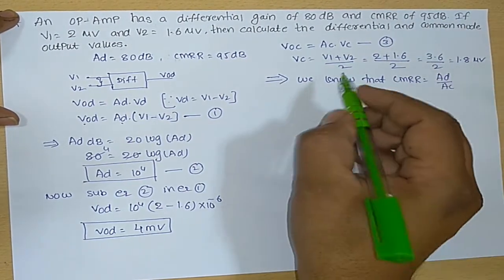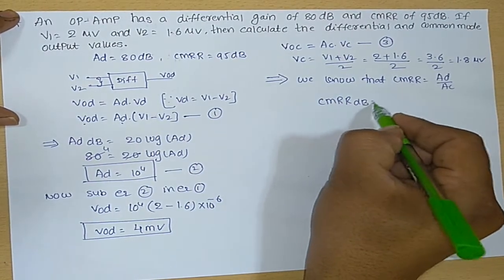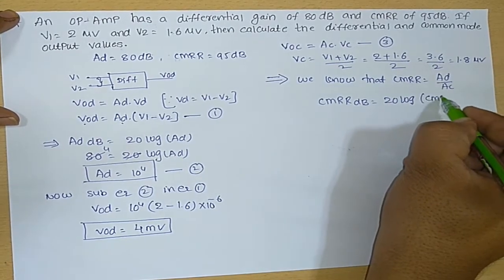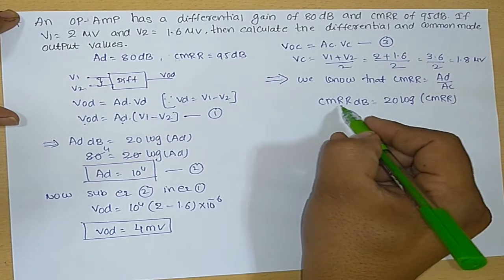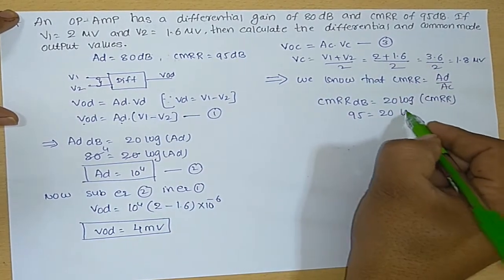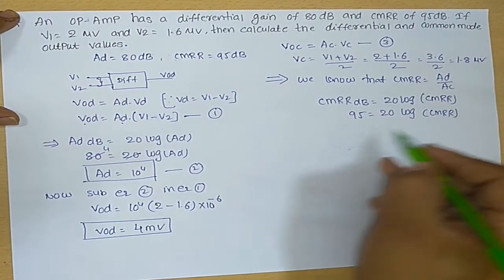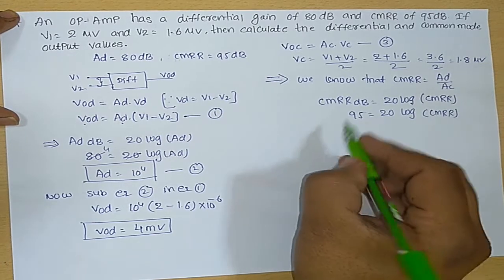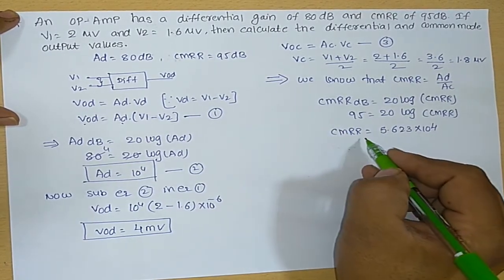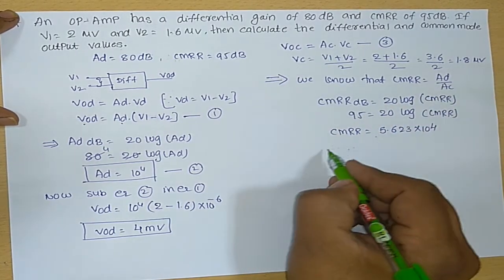CMRR in decibels equals 20 log of CMRR. So 95 equals 20 log of CMRR. Now we simplify all these values, and we will get the CMRR value. Clear?